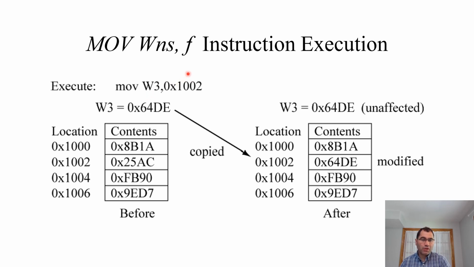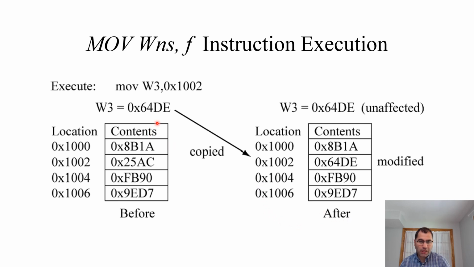So here's an example. We want to execute this instruction, move W3 comma 0x1002. The content of W3 is given here. This is the data memory location and its content, the before, and this is the after.